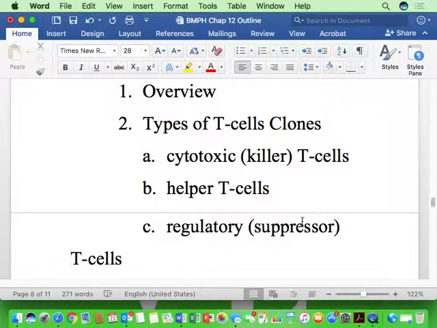Another type of T cell, the regulatory or suppressor T cells. These release chemicals that suppress the activity of B cells and T cells.